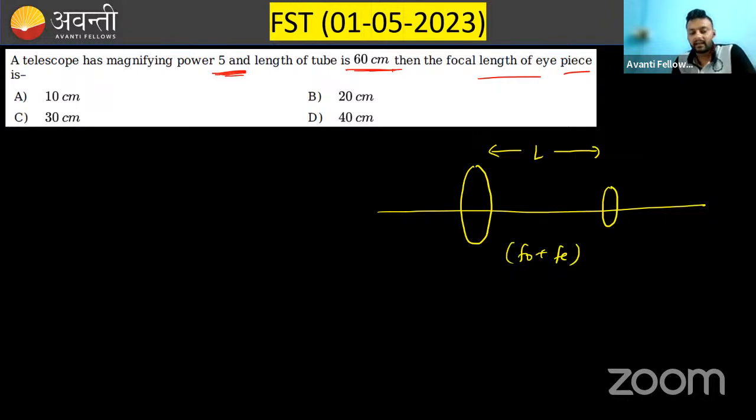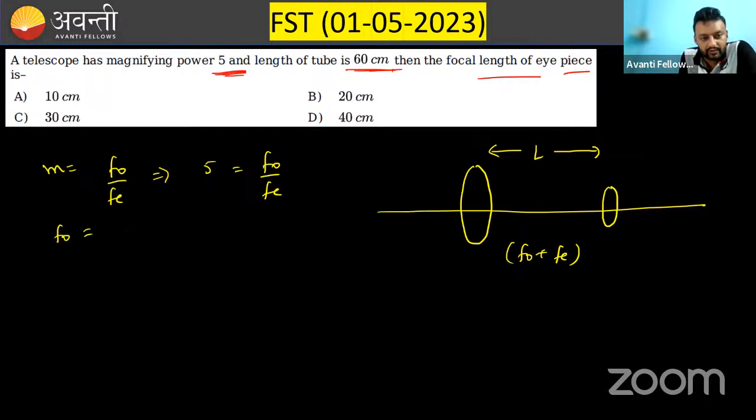Clear? Now magnifying power is FO upon FE, which is given as 5. So 5 is equal to FO over FE, and you can conclude FO is equal to 5 times FE. FO is the focal length of the objective and FE is the focal length of the eyepiece. That's our equation number one.